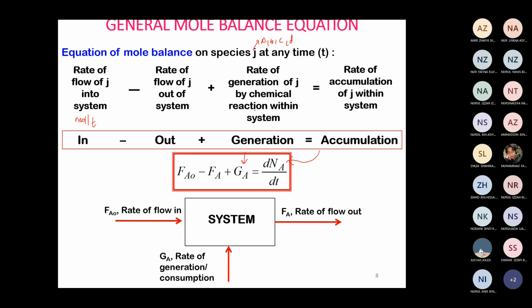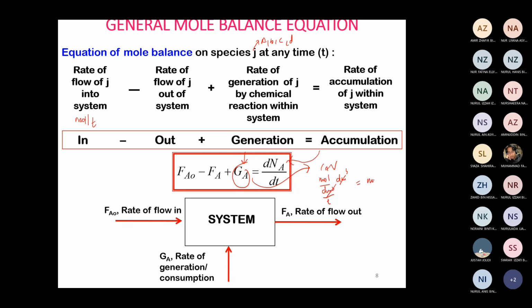So here for G_A, let's say it is in terms of a batch, so it will have r_A V. So r_A is a concentration over time, which is mole over decimeter cube over time. V is in decimeter cube, so you cancel it.